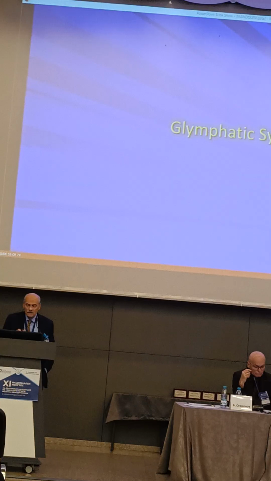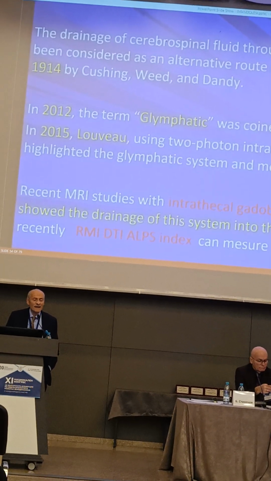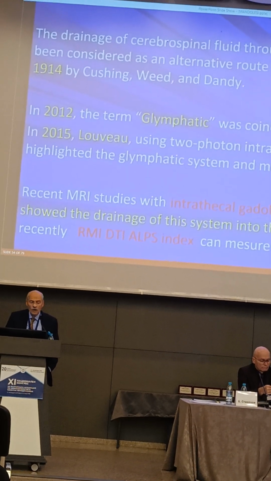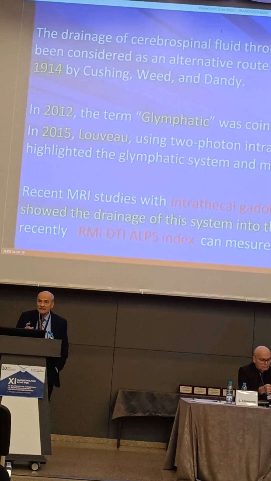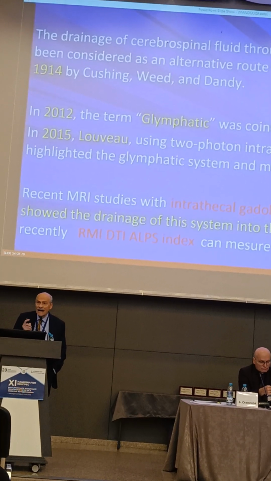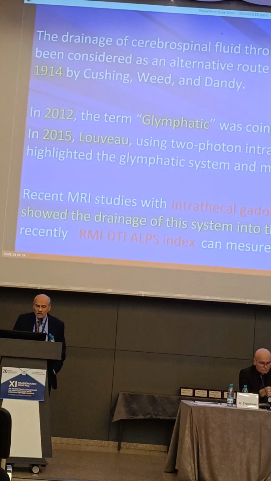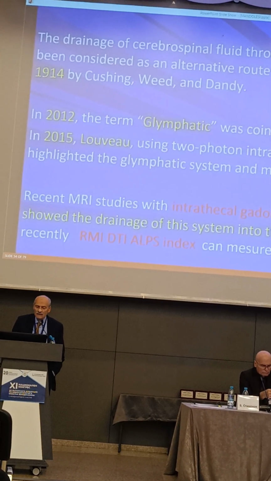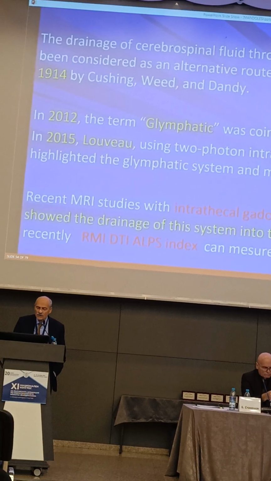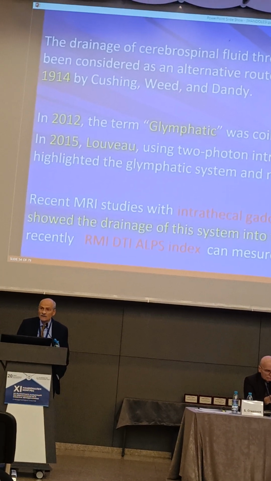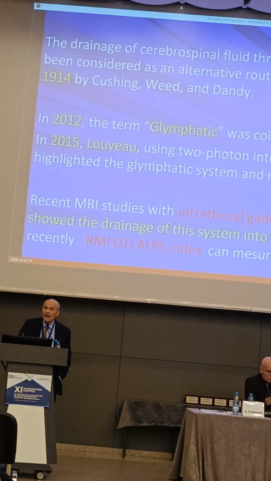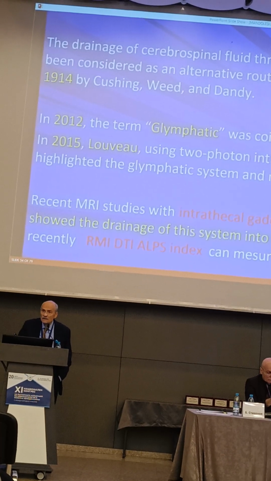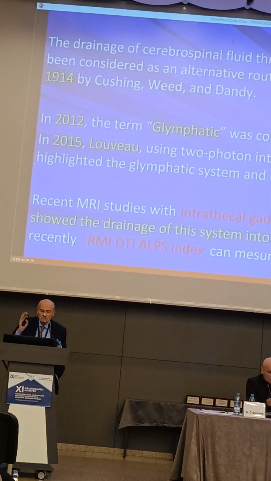We must speak about the lymphatic system. We know that the lymphatic system drains our brain. In 1914, there was a clash with the anatomists. They wrote this. There is, we forgot.